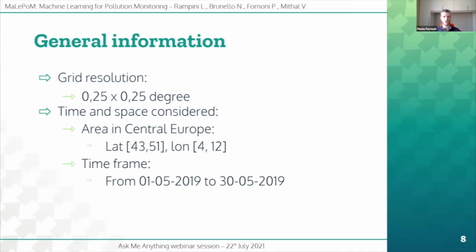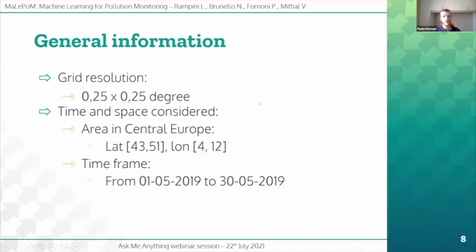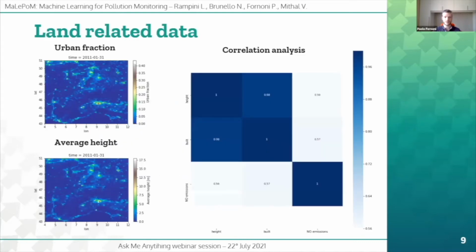Our data will cover the Central Europe area, and for the time we decided to use May 2019, and this time frame was decided because the tutor gave us the data for the target variable for this period.